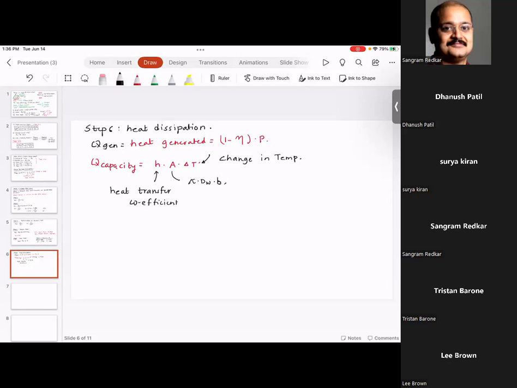Let me work out a simple design problem. There is a question in the chat window. No comment. Okay, fantastic.